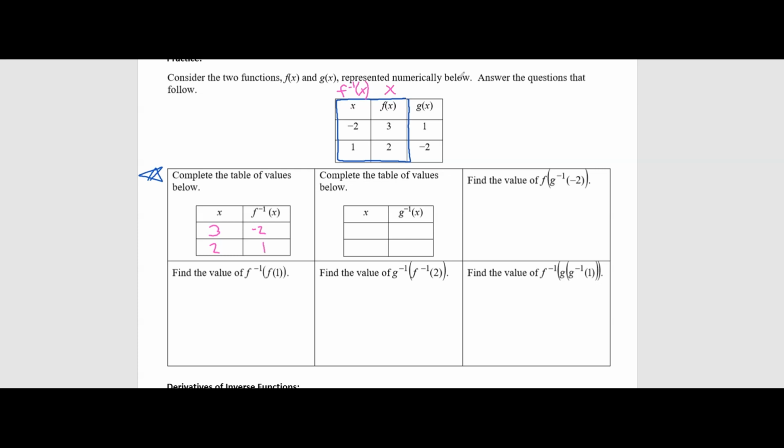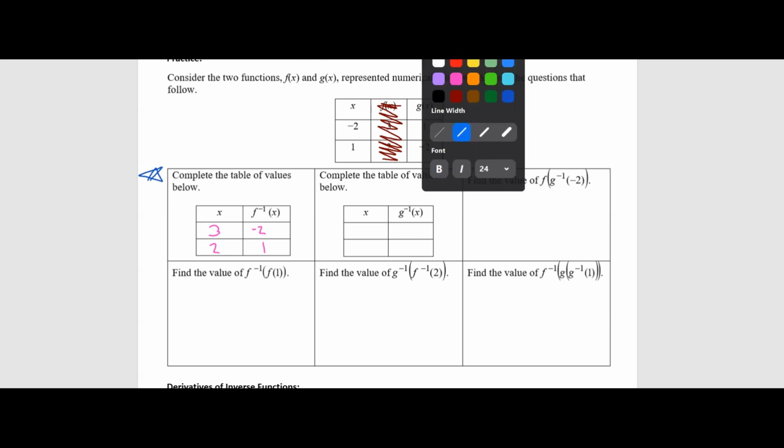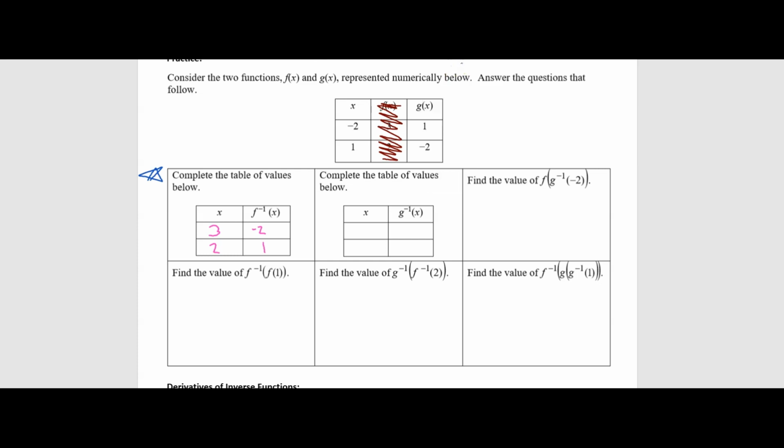Same can be said for g of x, right? I'm going to erase what I have here, but you can keep it on your paper. If I don't focus on this middle column at all, because I don't need to worry about f of x for this box, well, if I switch the domain and the range for g of x, I get g inverse of x.